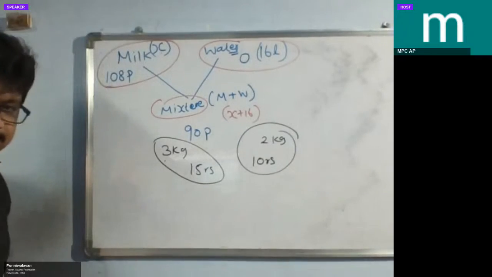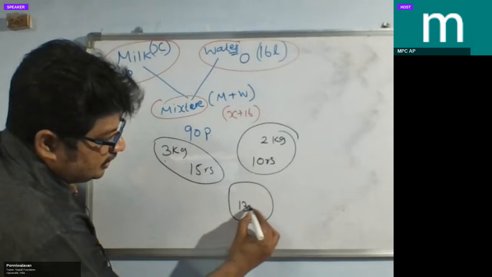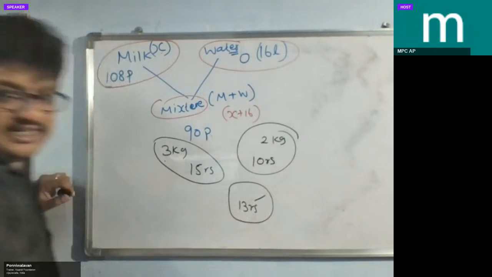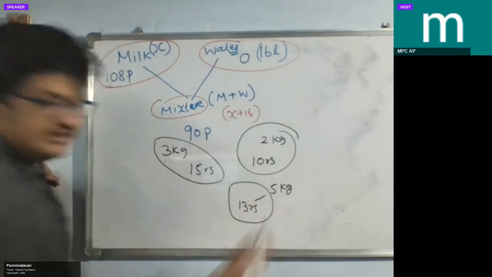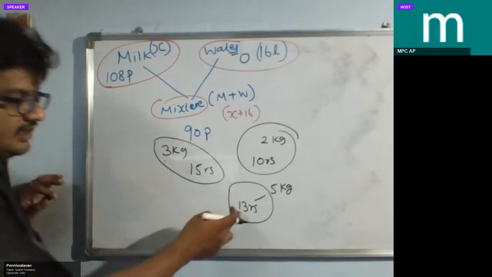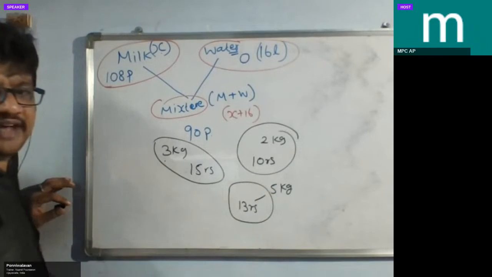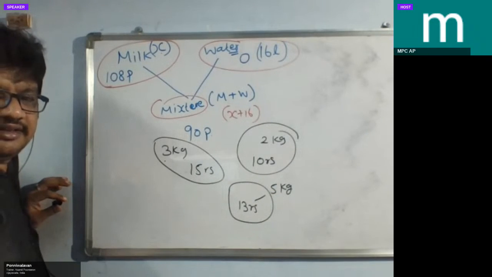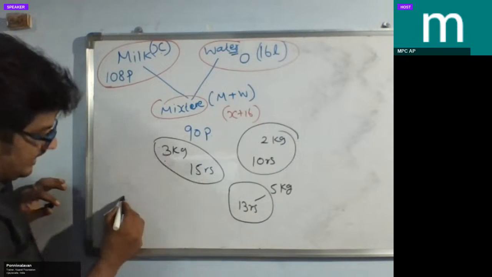This 13 rupees is the worth of 1 kg. Like that, how many kgs are you having? 5 kgs. So can we write like this?